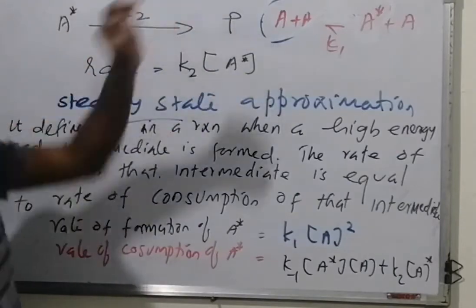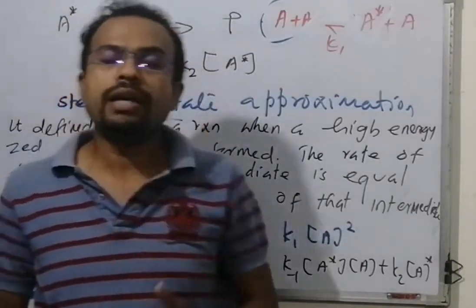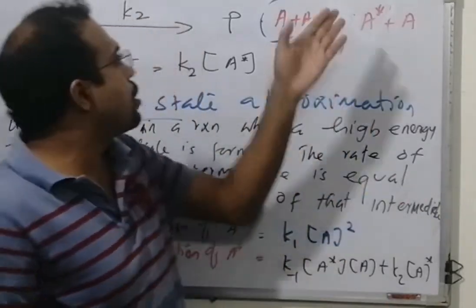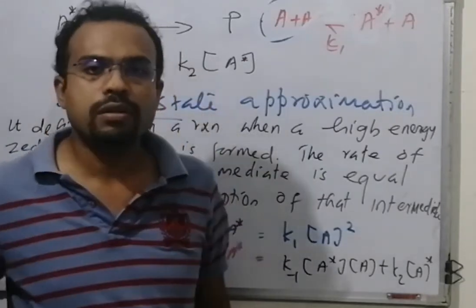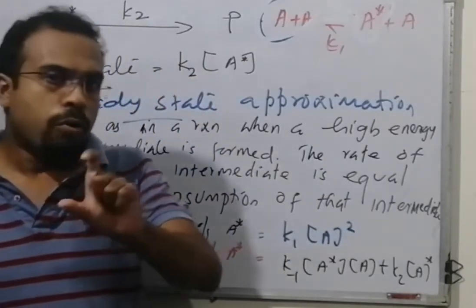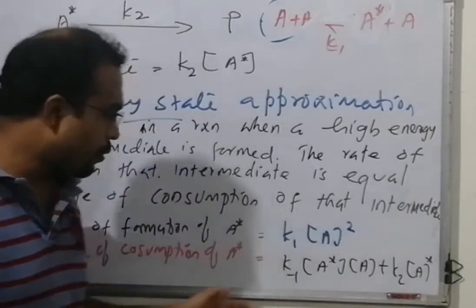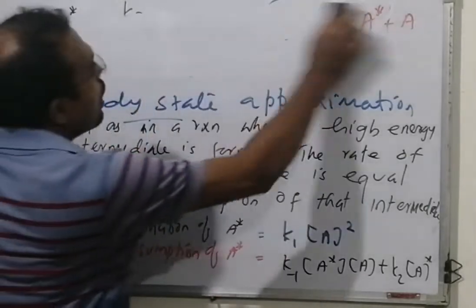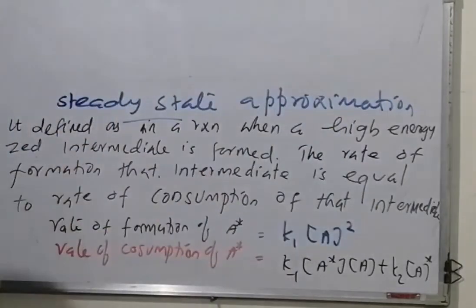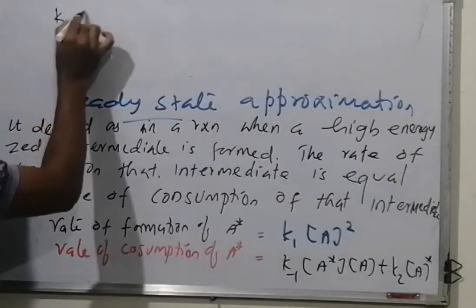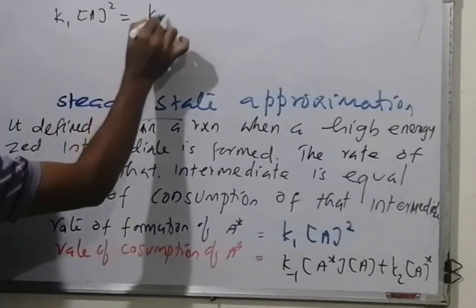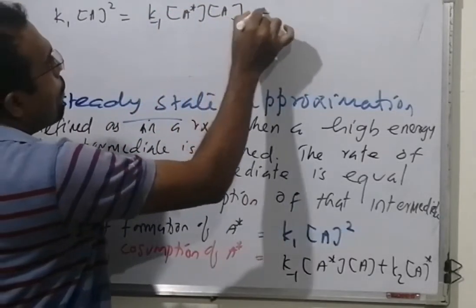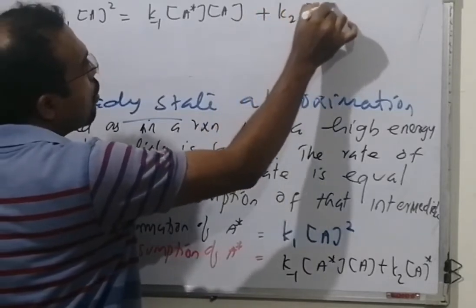Similarly, A star is converted into products. Suppose 100 A star is formed. 70 A star is converted into products, 30 A star is converted back to reactant. For simple understanding, both are consumption of A star, therefore I write them together. Now the steady state approximation says both are equal. Therefore you can write K1 A square is equal to K minus 1 A star A plus K2 A star.